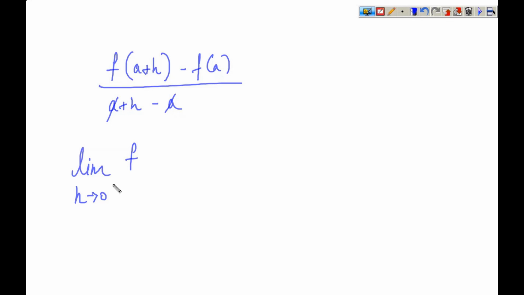So we can write limit h approaches 0, f of a plus h minus f of a, by h. This means the line is approaching point P and we are getting the slope at point P, which is similar to the tangent.